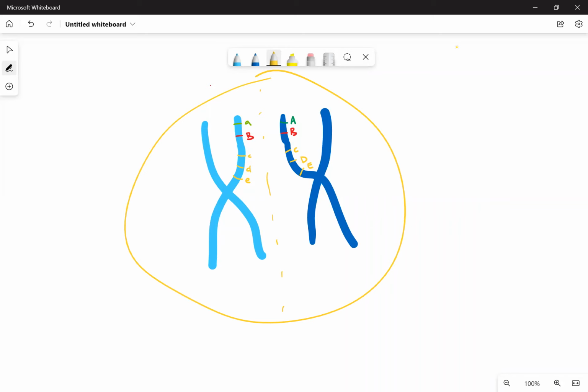And just by chance, they don't have to do this, but they can, at a certain point, like right here, for example, exchange arms of their chromosome, like entire segments of the chromosome, and switch information.